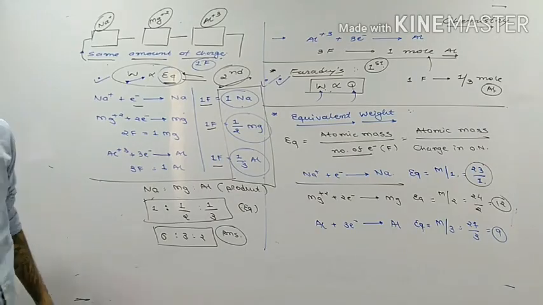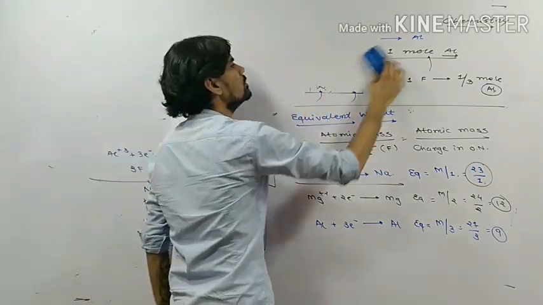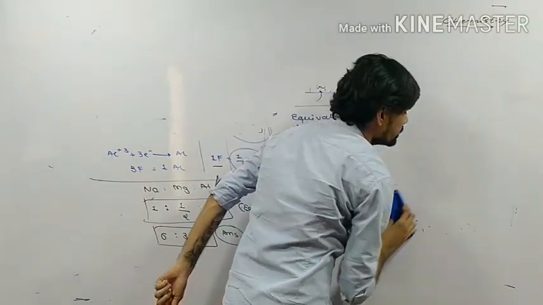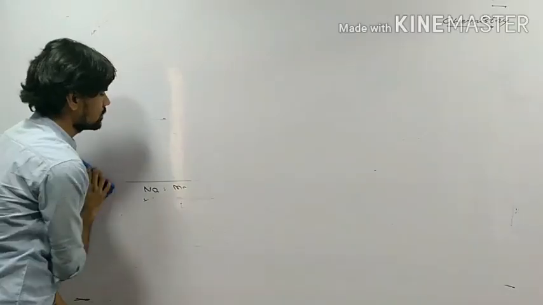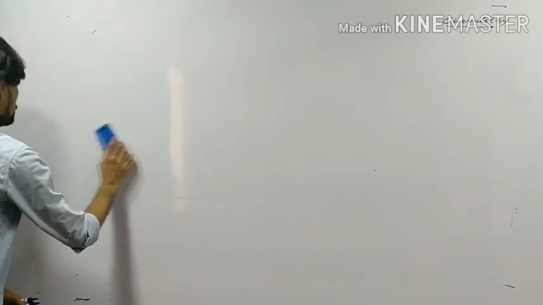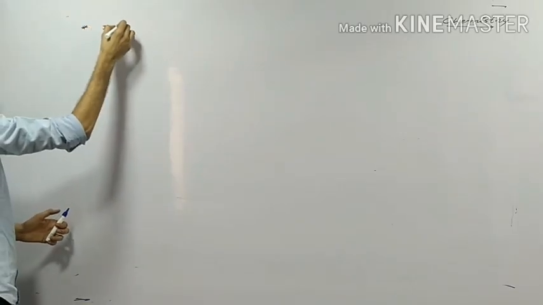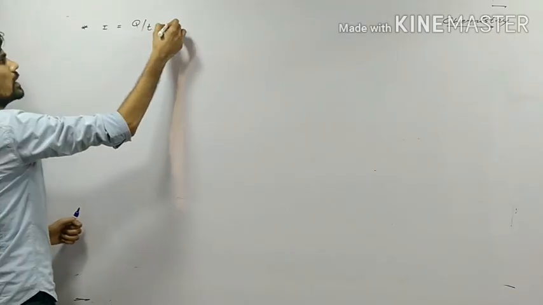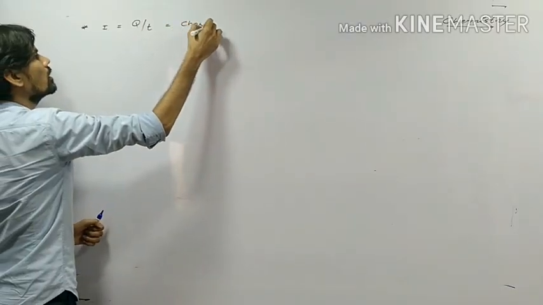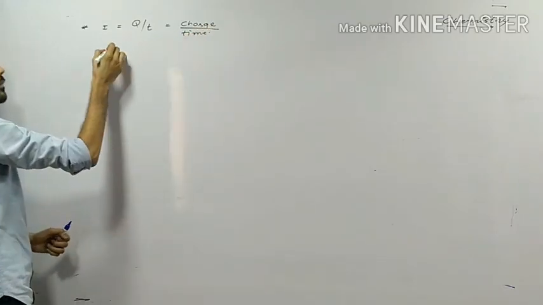Fine? Now, we know that electrical current is equal to Q by T. It means charge upon time.